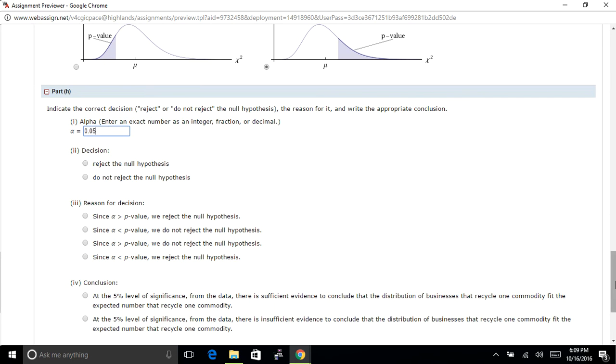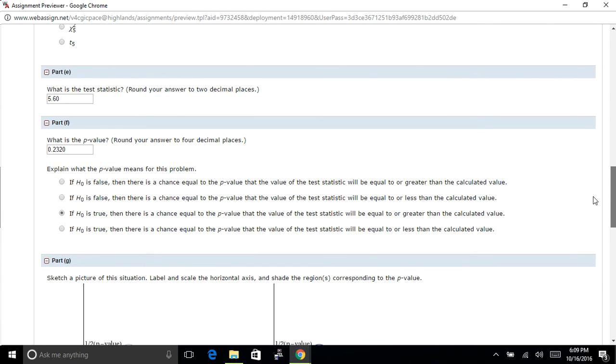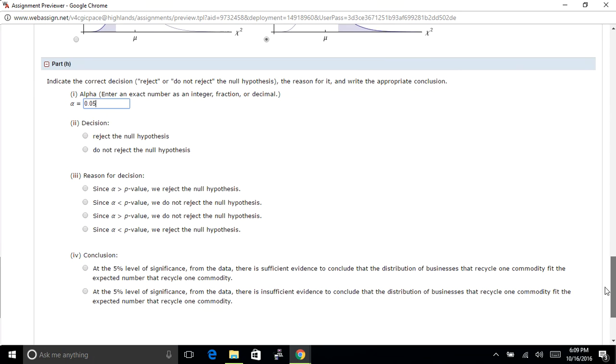All right, so we go back and look at our p-value, which was 0.2320, and that was bigger than our alpha. So because it was bigger, we do not reject our null. And another way to think of it down here is since the alpha was bigger than the p-value, we reject the null.